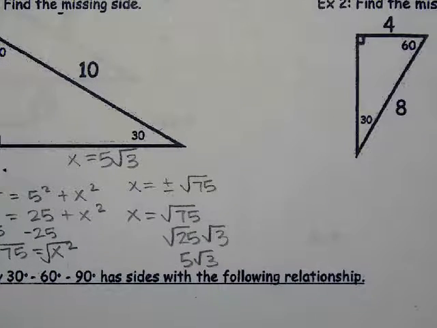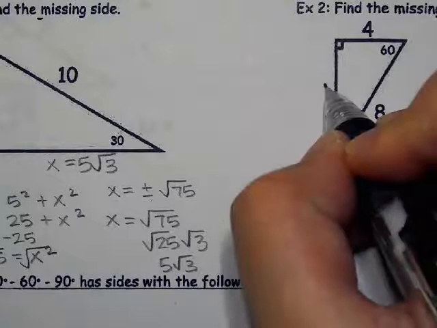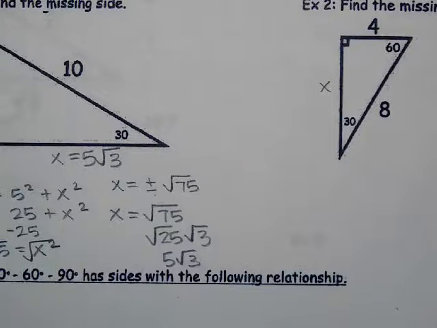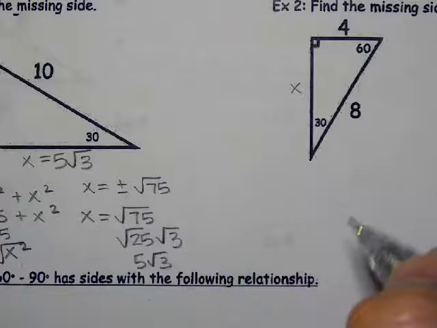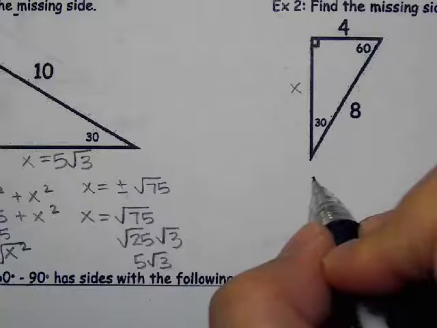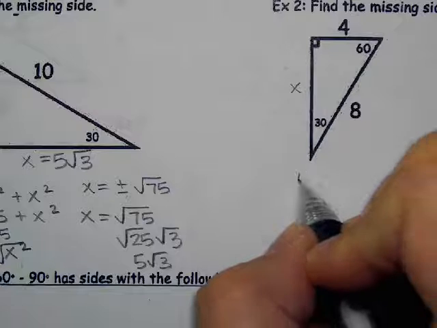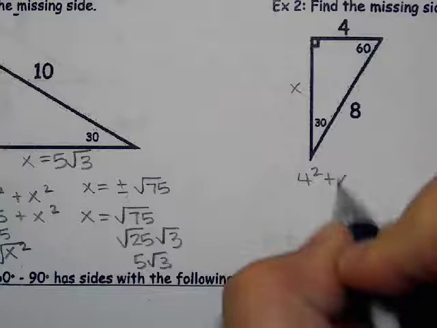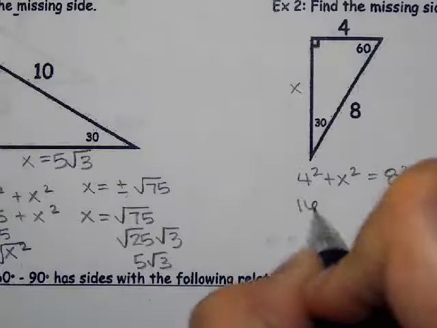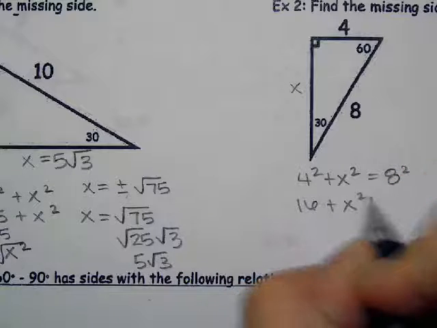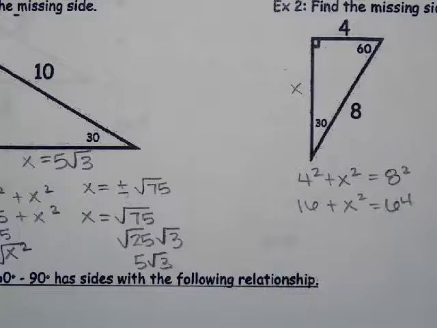So I'm going to label the missing side as an X. And when I do the Pythagorean Theorem, what should I be writing? Okay. So 16 plus x squared equals 64.